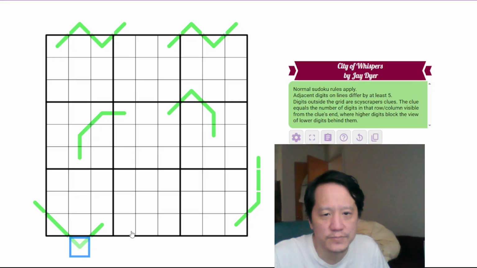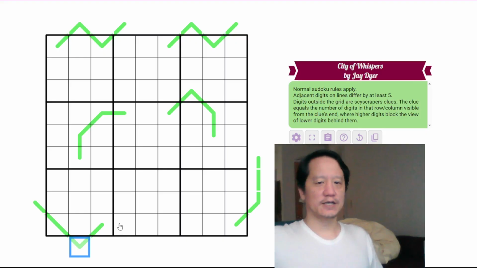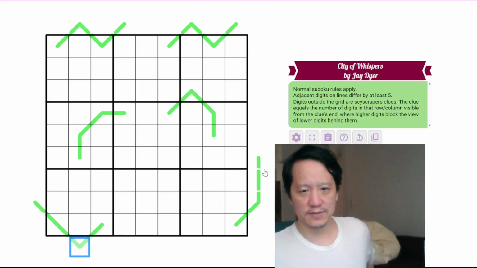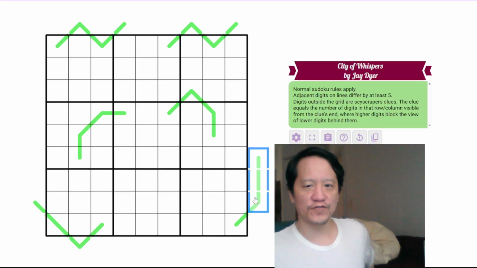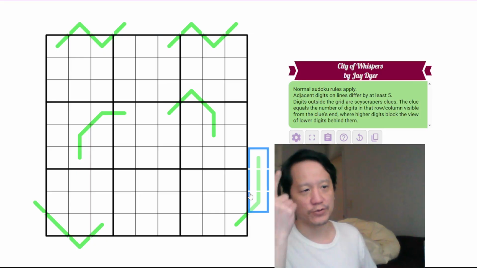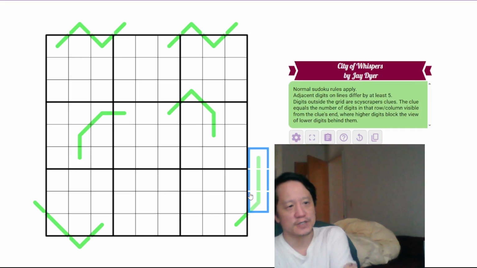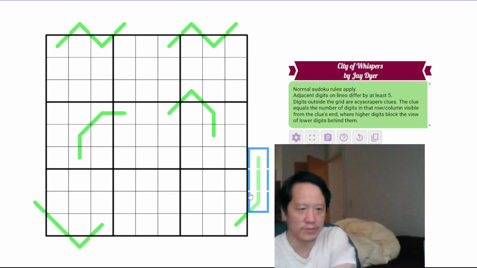Okay. What does this mean? Okay, so this, we know 5. So first of all, skyscraper clues are going to be 1 through 9 because you can't see more than 9 cells in a row, and you can't see less than 1 cell in a row.